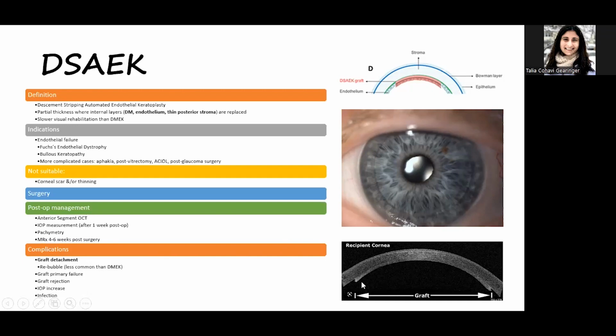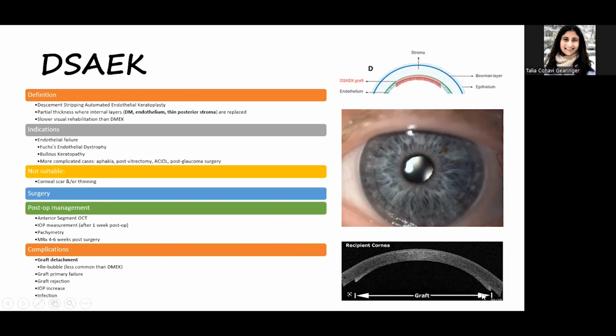So the patient can come up to post-op care, and we can see what we call a transplant or a graft detachment. And that's why we follow the patient with the anterior segment OCT, because we are able to see if there's any light detachment of the periphery or the center, depending which area.